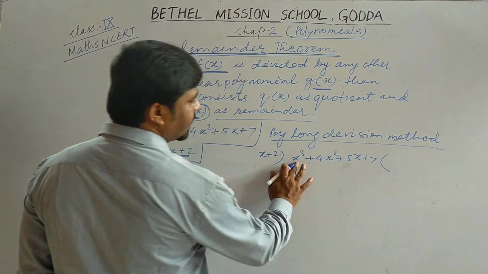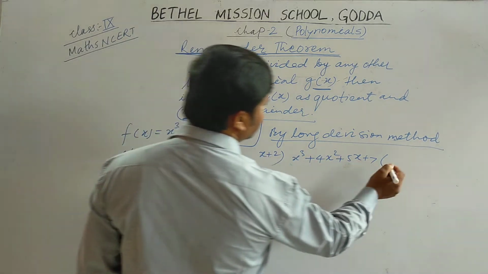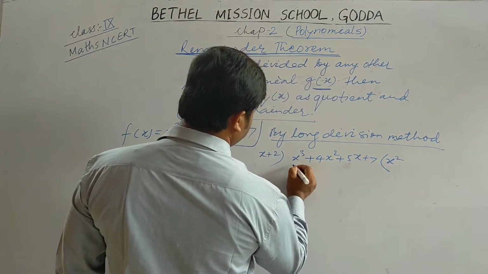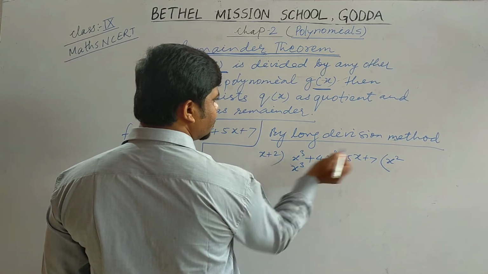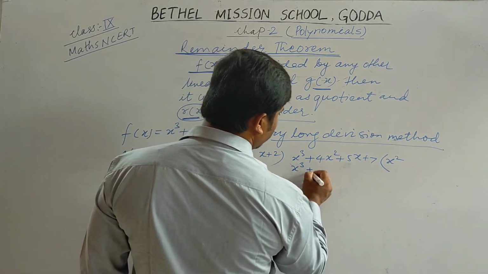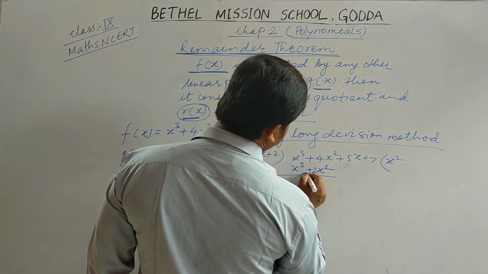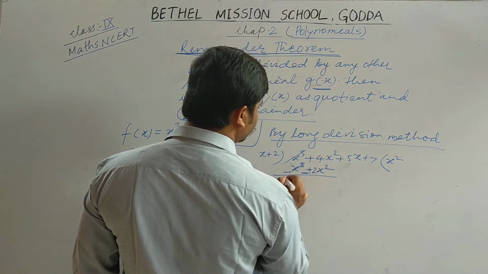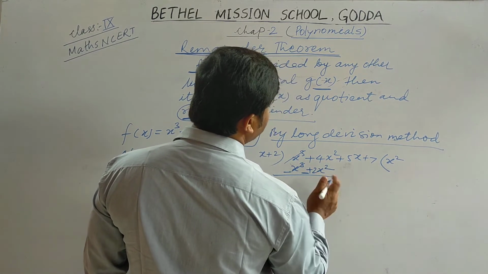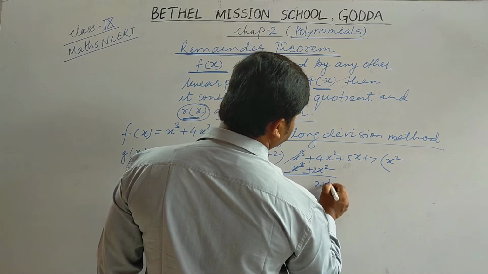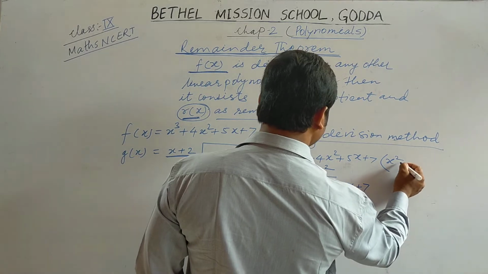We have to remove this x cube. By what will we multiply x to get x cube? x square. So x square into x plus 2 gives x cube plus 2x square. Now we subtract, changing the sign: 4x square minus 2x square is 2x square, plus 5x plus 7.